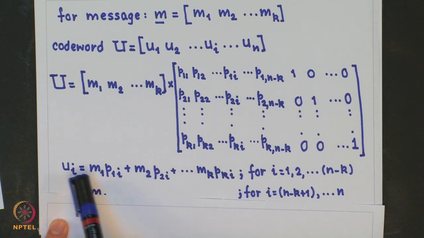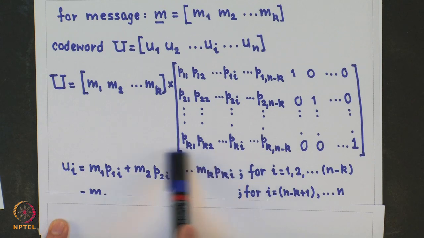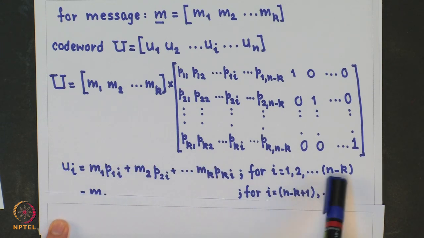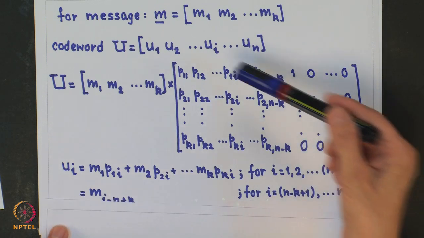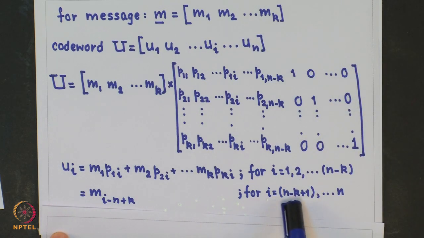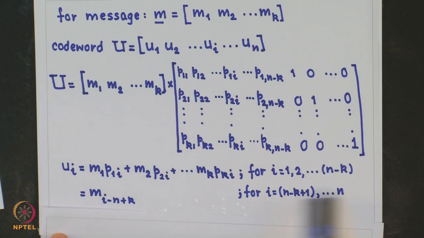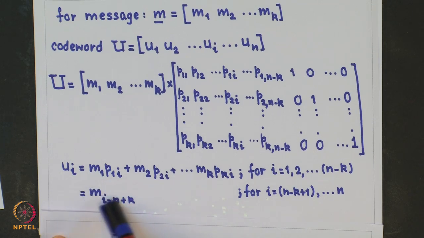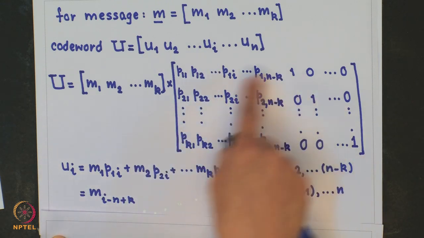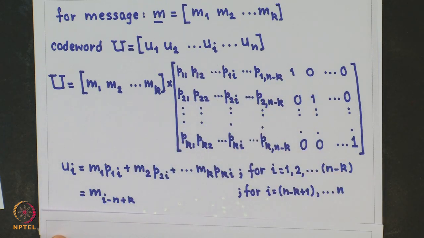So, ui will be given by this term for i equal to 1 up to n minus k, whereas for i equal to n minus k plus 1 up to n it will be the same as the message bits, because this is a systematic linear code.